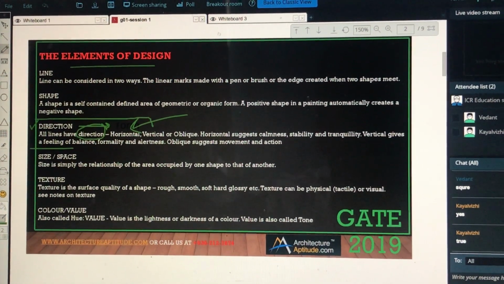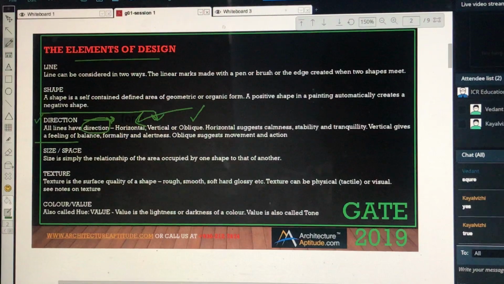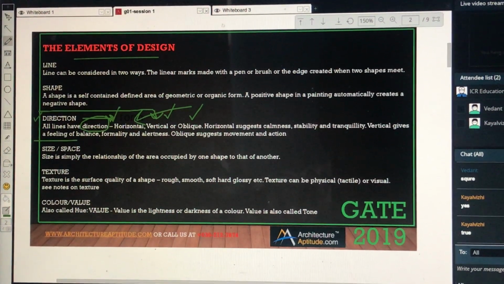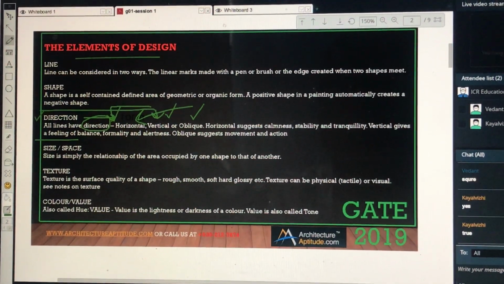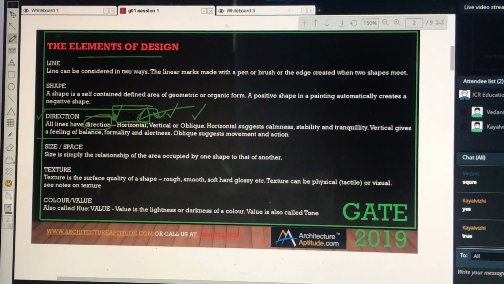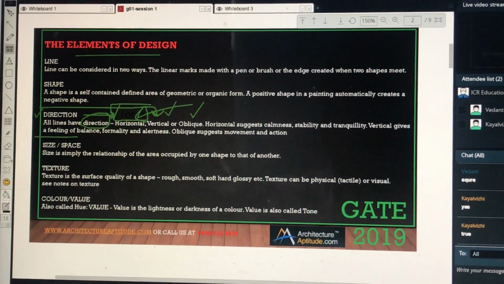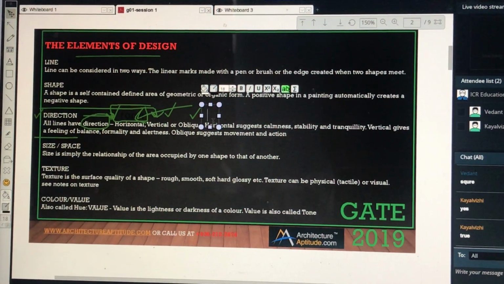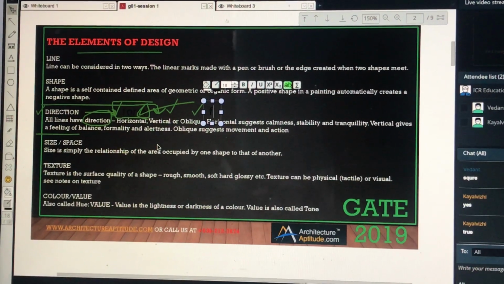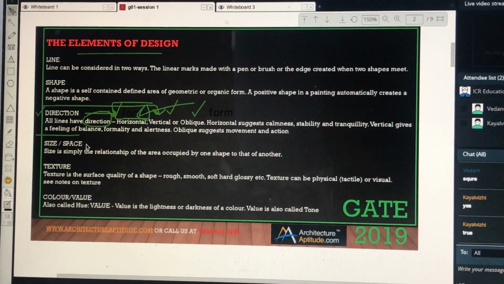Since we are talking of horizontal, vertical, or oblique orientation of the given shape, we actually have the third most important element of design, and that is called a form. Which is why for years in architecture basics you would have learnt that the third important element of design is form, right?